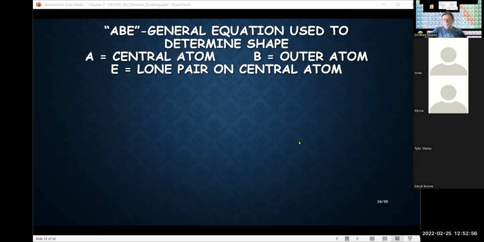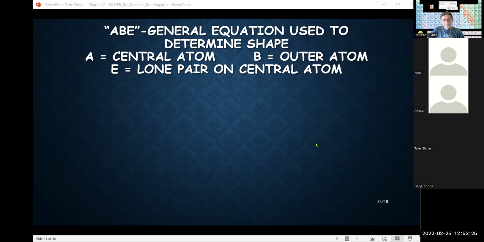I talked at length about the general formula AB E. I emphasize, this is not a real compound. It is a general formula that you obtain. You use the ABE format based on the structure you come up with, so then you can determine the geometry. A is the central atom. There's always going to be one A, and that's it.